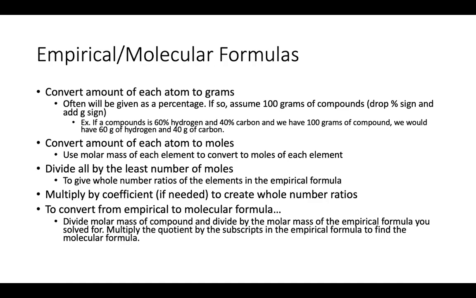This step is only needed if you're dealing with decimals. And the last step, which is only needed if you are asked for a molecular formula, is to divide the molar mass of your compound by the molar mass of your empirical formula, and multiply all the subscripts in your empirical formula by the quotient to find your molecular formula. Again, we are going to break this down.